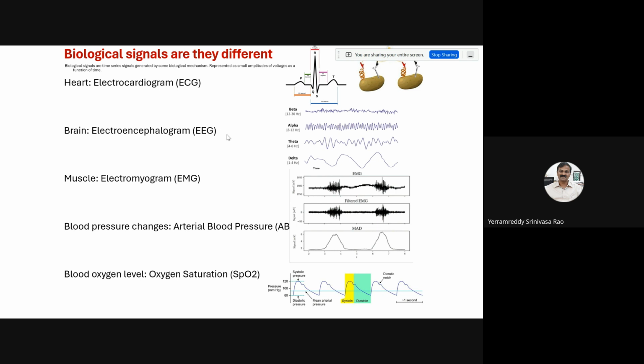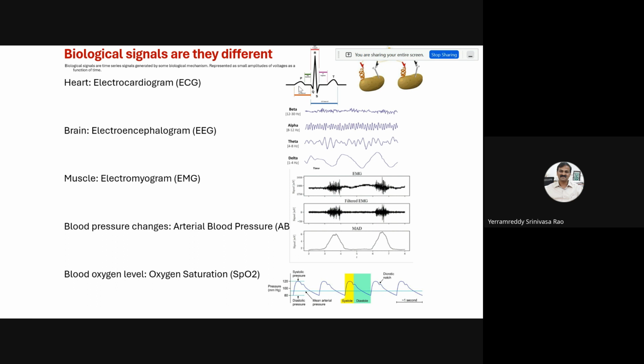Where are these signals coming from? For example, being science students, I'm sure everybody understands biological signals. A human body generates these signals, right? Your heart generates a signal called the ECG signal, electrocardiogram. This is how the signal looks, the heart generated signal.